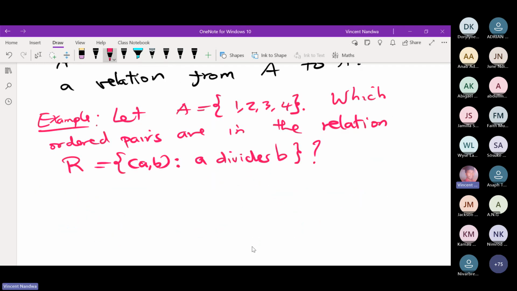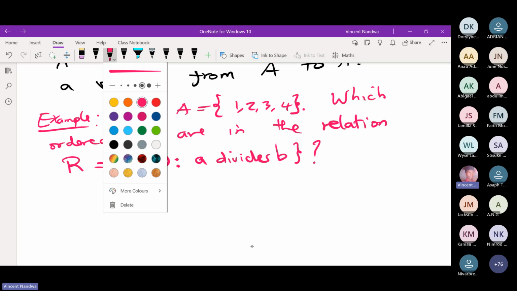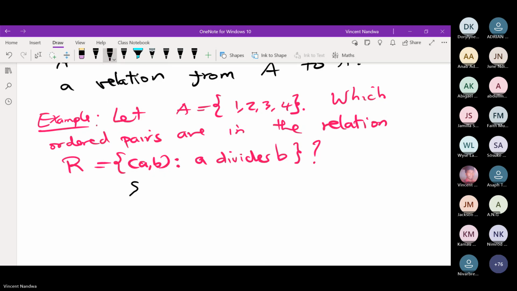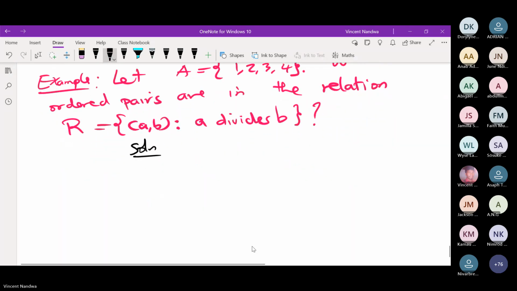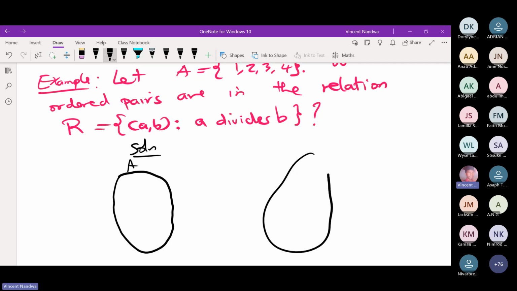So let's see this. One way of doing this problem is to sketch. So let this be set A, and then we are moving from A to A itself. So A has elements 1, 2, 3, 4.